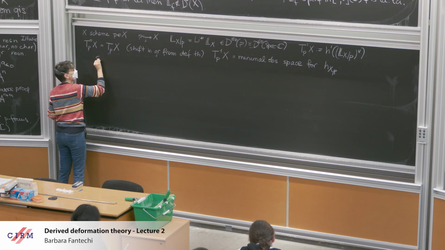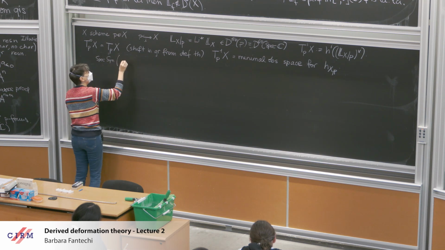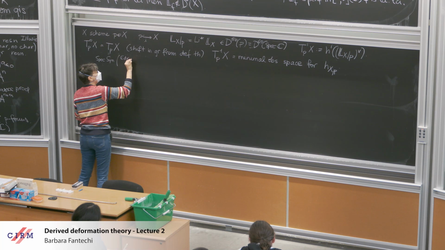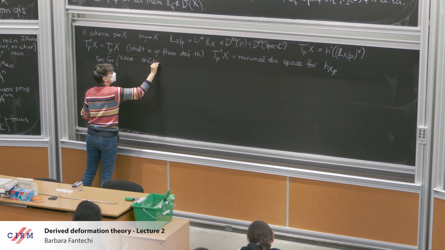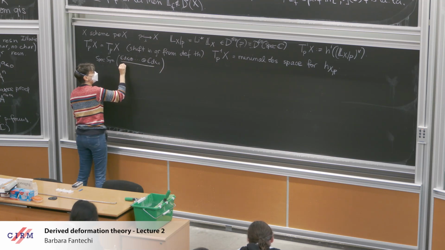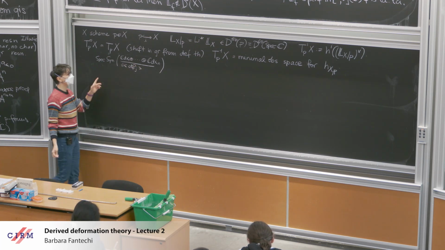So this is Spec Sym of C dx1 plus ... plus C dxn, modulo the ideal generated by the df_j.